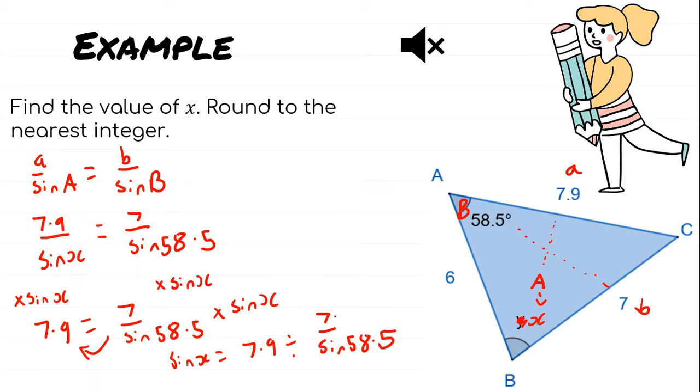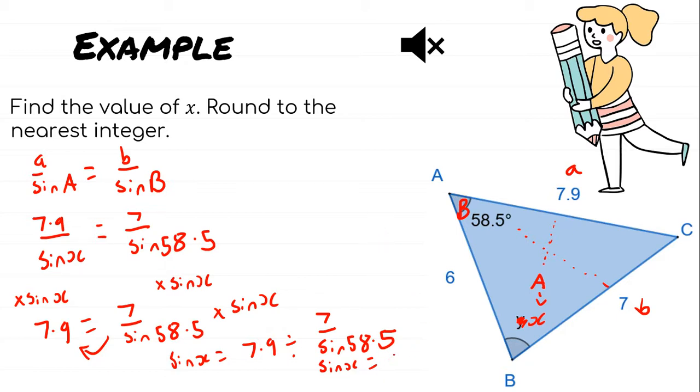Again, this is a bit of a mess. It's going to be worth just typing this into your calculator at this point. So we've got sine x is equal to, and I'm just reaching for my calculator. I'm going to do 7.9 divided by, using my fraction button, 7 over sine 58.5.